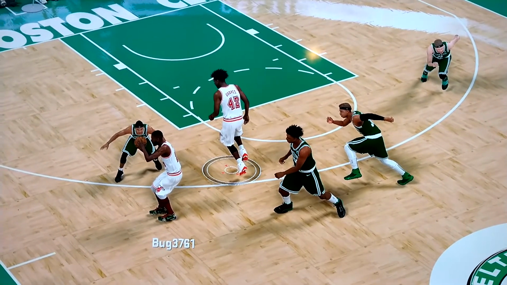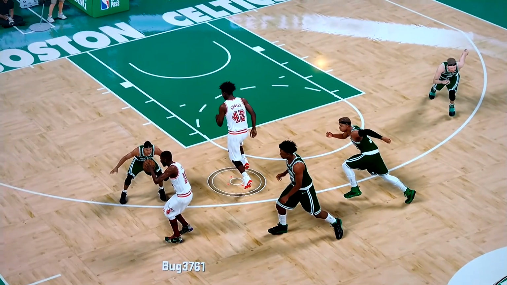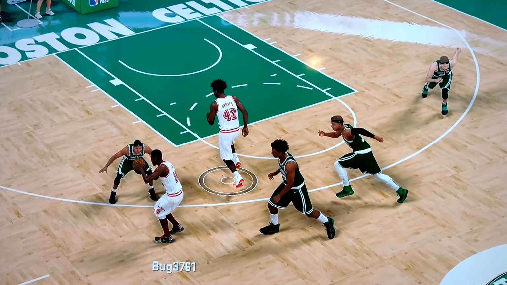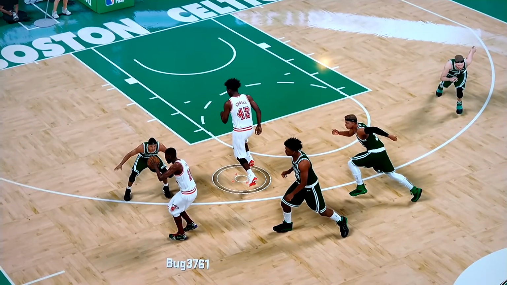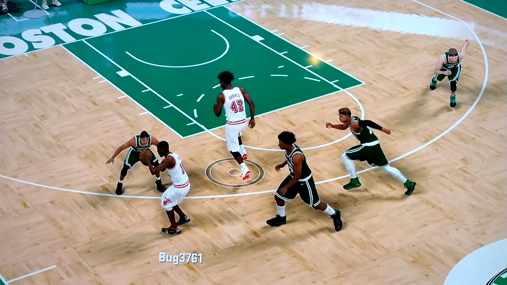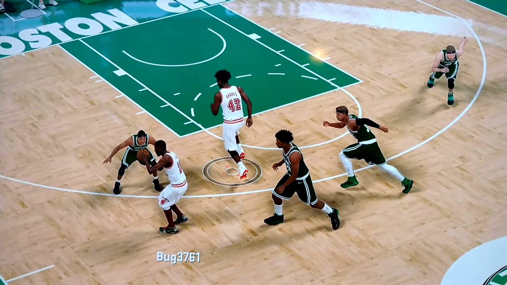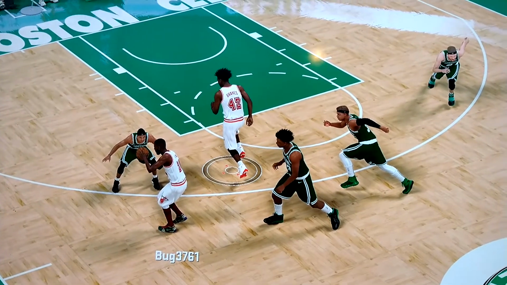So let's say you could go 3 quarters without getting a turnover, and then the fourth quarter comes around, and all of a sudden you lose the ball 3 or 4 or 5 or 6 times in that quarter, and none of the times you lost it really made sense to you. All right, because that's their way of enforcing some form of continuity.